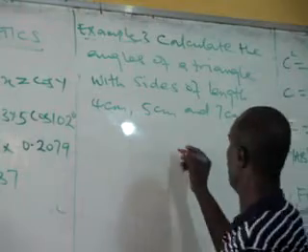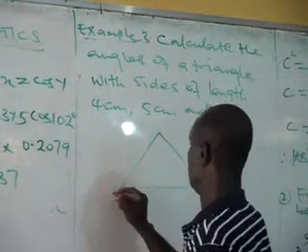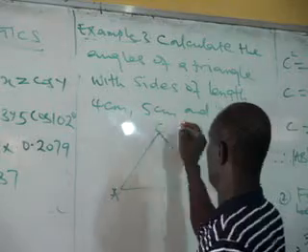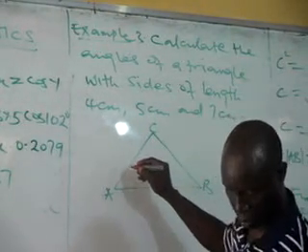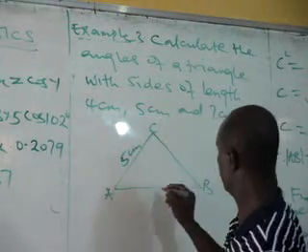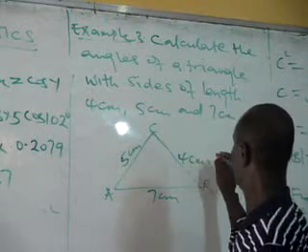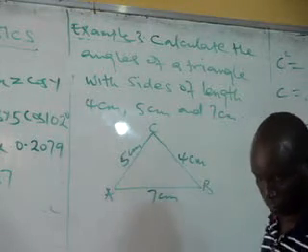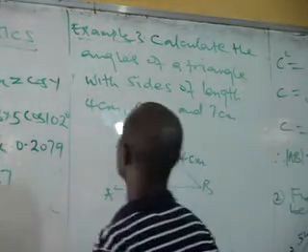So let's have a triangle like this, ABC. Then we have 5, 7, and 4 centimeters.